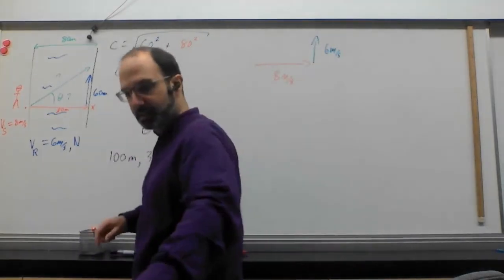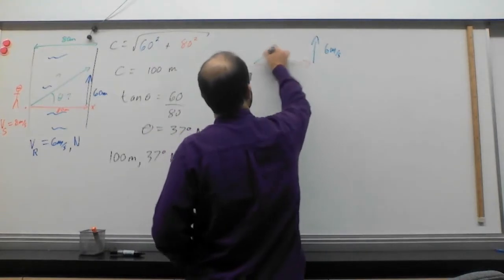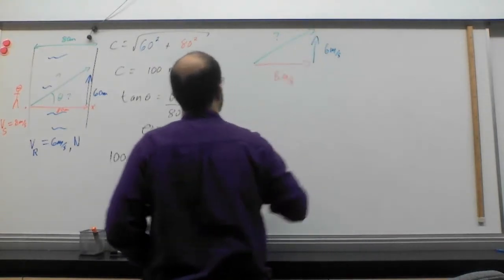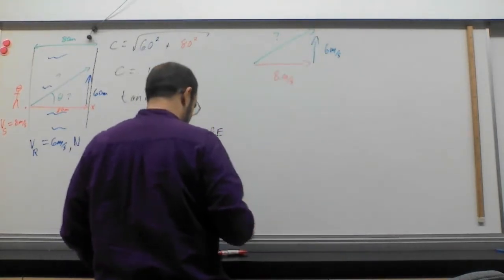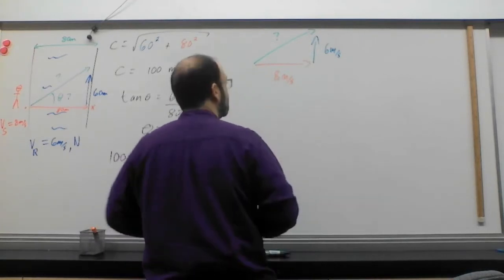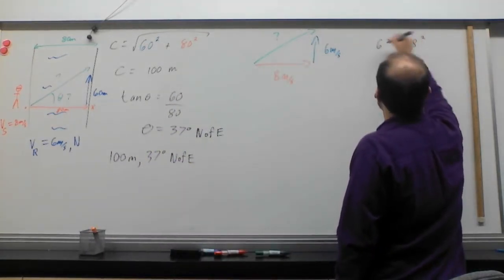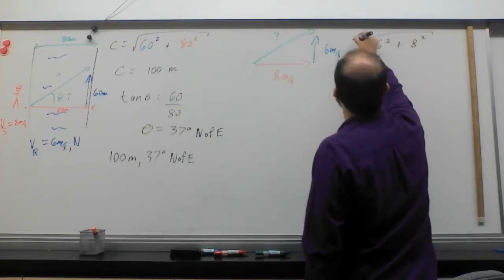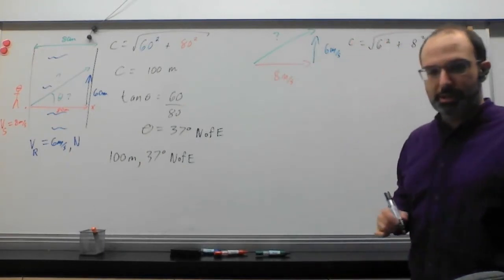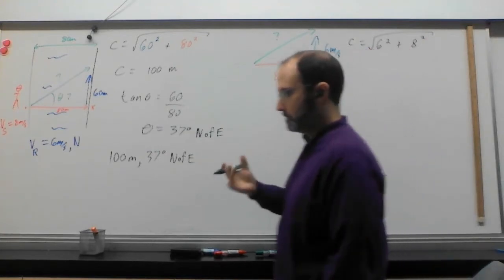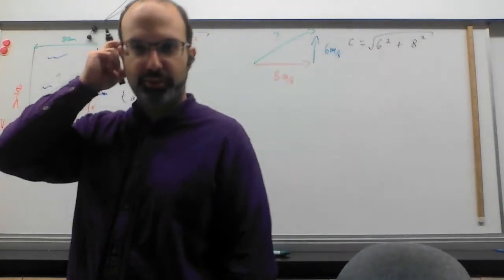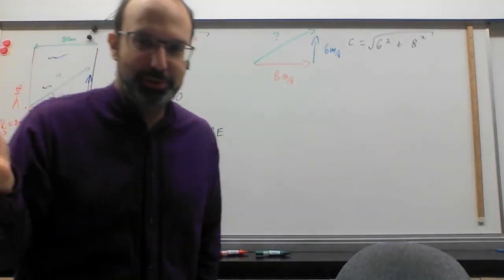So finding this average velocity, well, that shouldn't be very hard. I just take my two pieces and I solve them. The square root of 6 squared plus 8 squared equals c. And again, the reason I can do this is, as I showed you in the first part of this video, it doesn't matter what the units are.